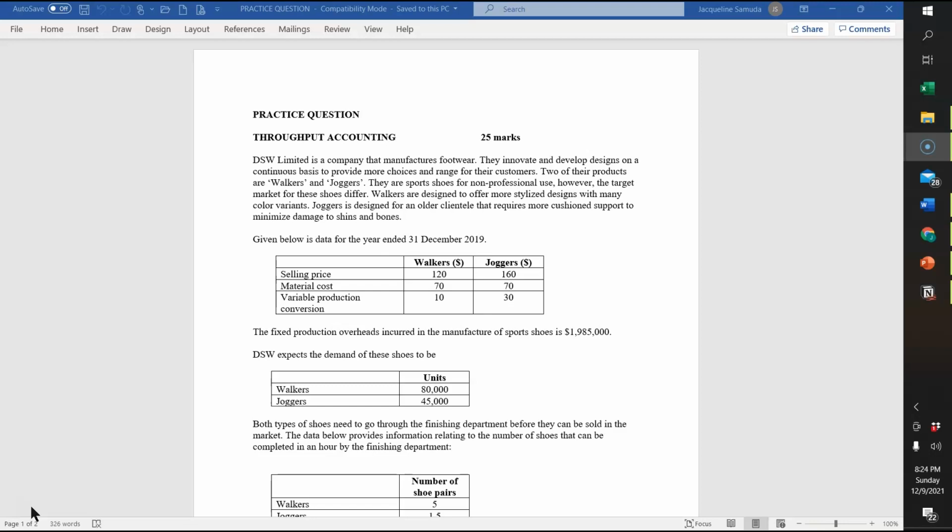The question provides you with the selling price and variable costs, one for raw material and one described as variable production conversion costs. Let me put this in.